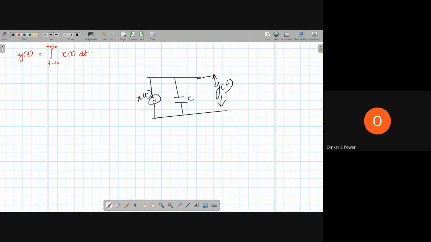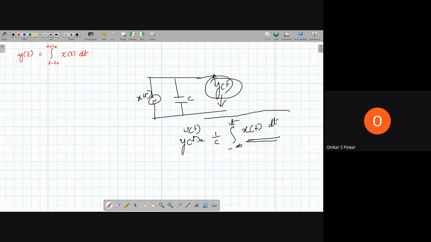So how do you solve this? Simple. What is the output value of the equation of this capacitor here? y of t is equal to 1 by c integral from minus infinity to t of x of t dt. This is the output voltage at the capacitor. This you have studied in NA, network analysis. So using this equation, apply the properties.